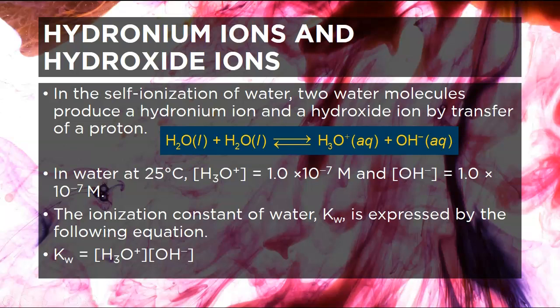So, what is the self-ionization of water? Basically, it's two water molecules that produce a hydronium ion and a hydroxide ion by transferring a proton from one to the other. So, if we take an H plus from this water, and you give it to this water over here, you're going to see this will gain an H and a plus, becomes H3O plus.